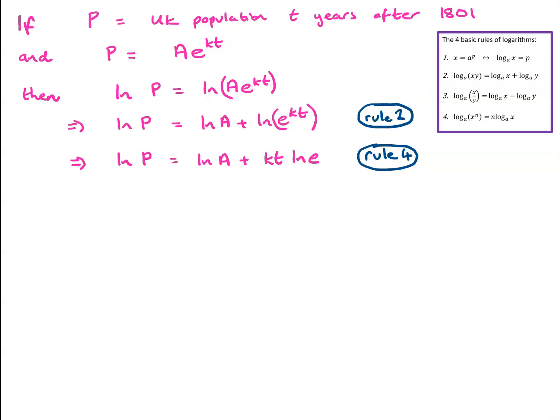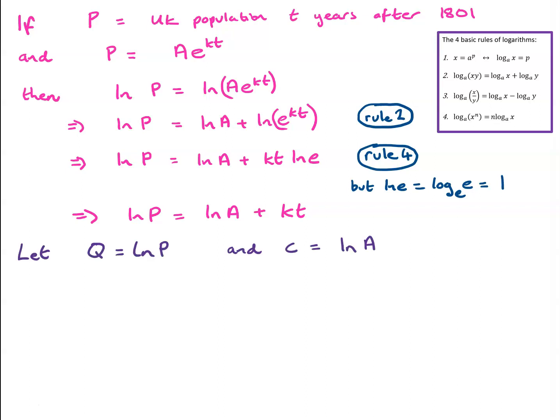natural logarithm of e. But the natural logarithm of e is log to base e of e, and log to base e of e is equal to 1 simply because e is the same thing as e to the power 1. So we're using our first rule of logarithms. So we've got the natural logarithm of p equals the natural logarithm of a plus k times t.